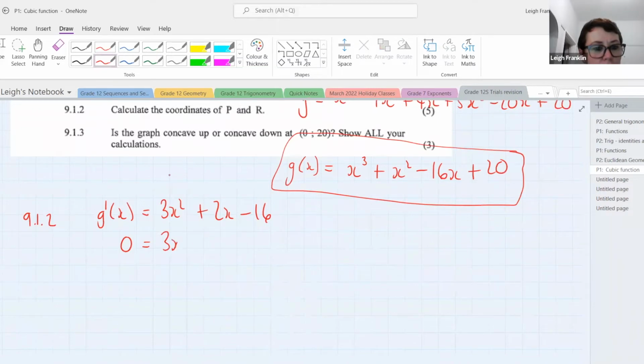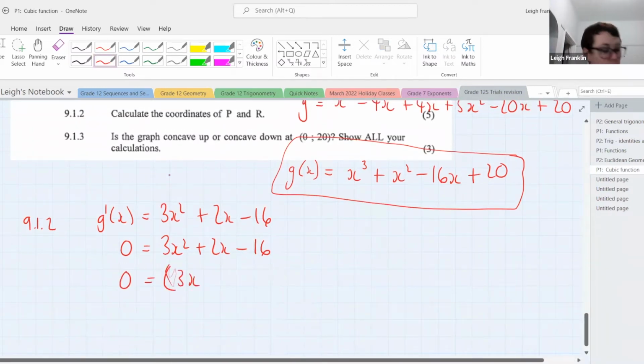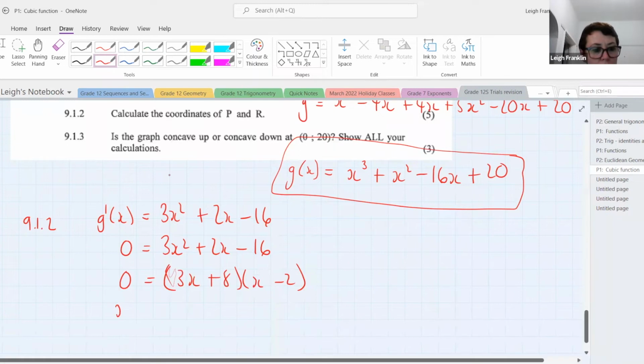Remember, you must show that it's equal to 0. Very, very important. And then here you would end up factorizing. And of course, that's where your -8/3 or where your x equals 2 comes from.